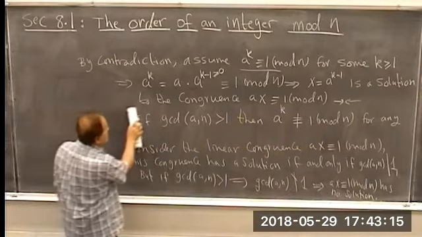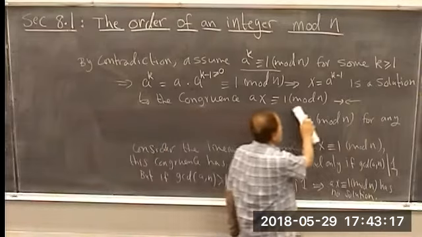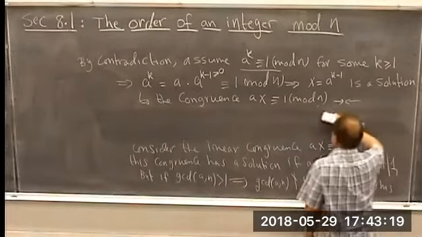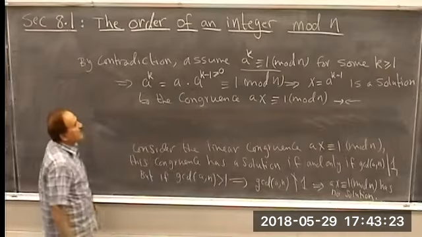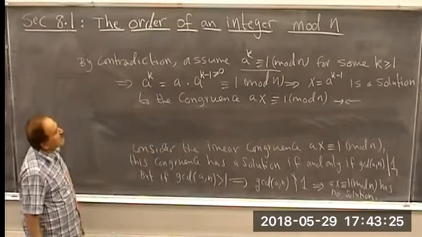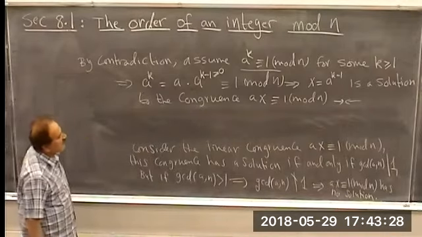All right, which means that we cannot have any positive exponent of a to make it congruent to 1 mod n.